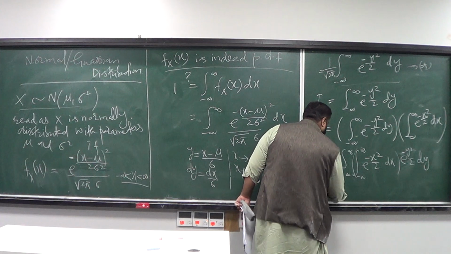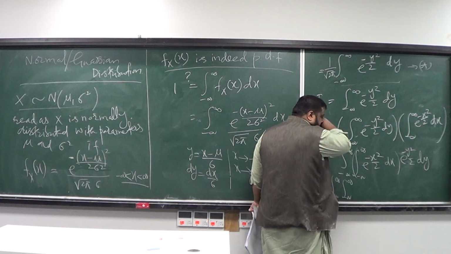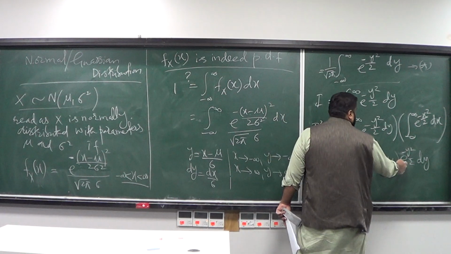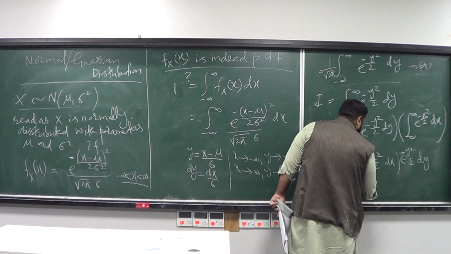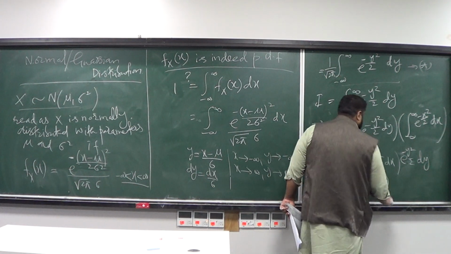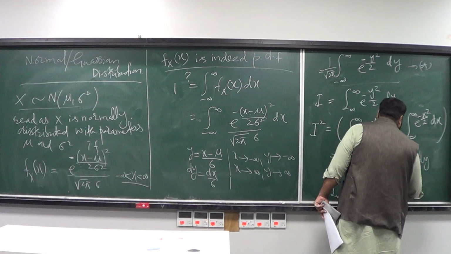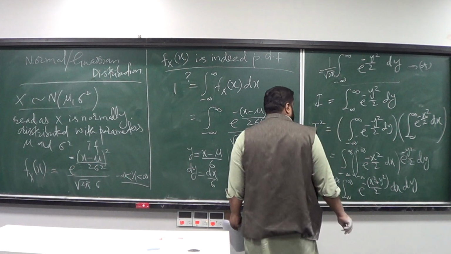So I'm gonna get what? Minus infinity to infinity, minus infinity to infinity, e to the minus y square multiplied by e to the minus x square by 2, so I can write it as e to the minus x square plus y square by 2 dx dy. ठीक है? This trick is an important trick to realize.